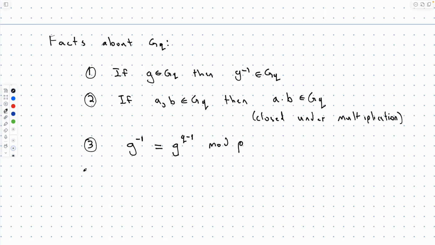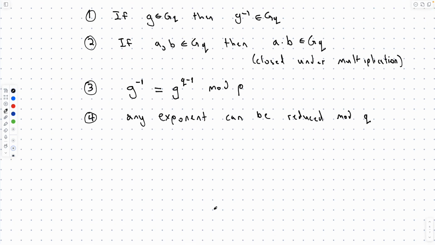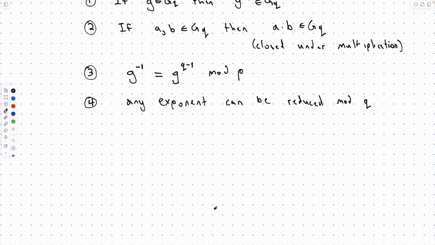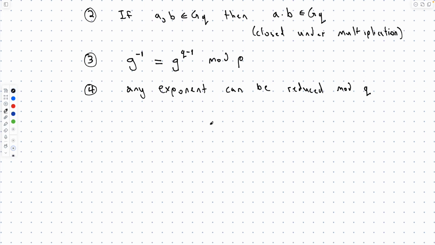Now we can generalize this, and what we can say is that any exponent can be reduced mod q. This is going to look weird. I'm going to probably repeat this maybe 4 or 5 times because it becomes important later. There's something that we're going to see later called a root of unity that's related directly to this.